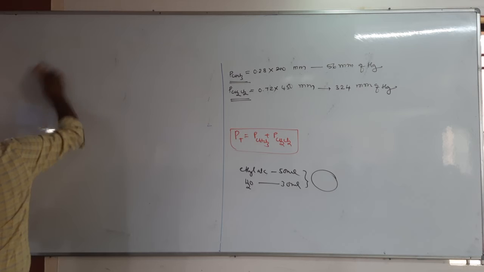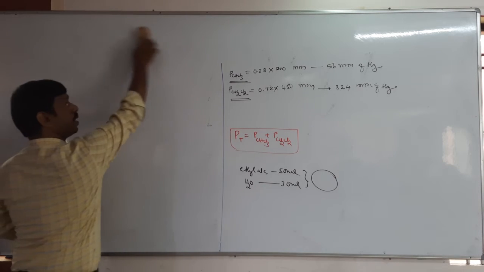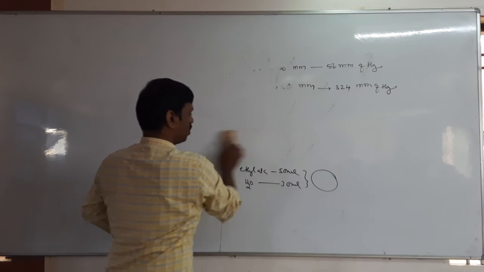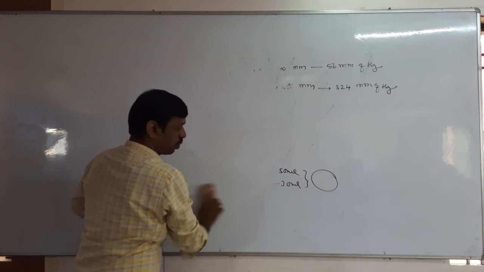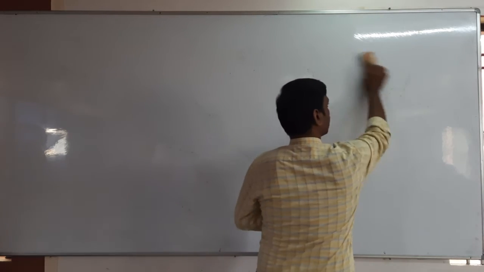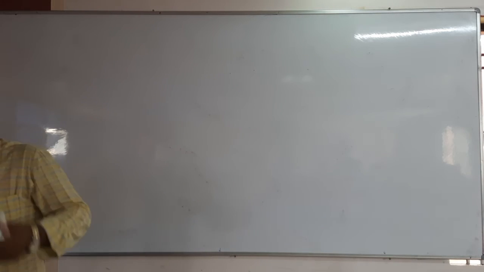Benzene and toluene is an ideal solution. Therefore, for an ideal solution, delta P mixing is 0. Delta P 0 means the total pressure of the solution should be equal to the sum of the partial vapor pressures of the components. So this kind of question can be expected. Okay, next slide, continuation.